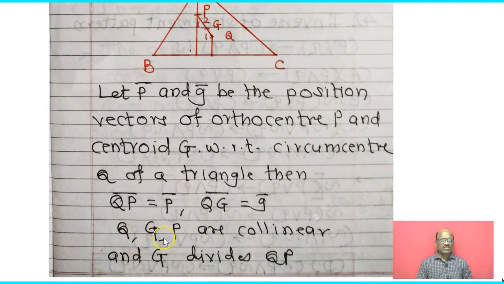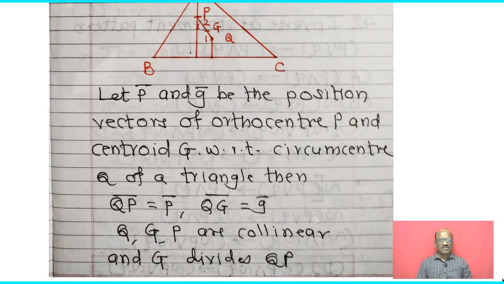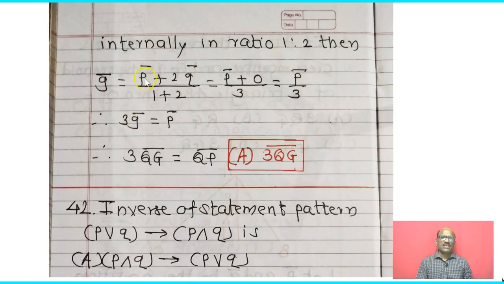As Q, G, P are collinear and G divides QP, you will get G bar is equal to P bar plus 2Q bar upon 1 plus 2, that is equal to P bar plus 0 upon 3, that is P bar upon 3. Therefore 3G bar is equal to P bar, that is 3QG bar, and option A is the correct one.